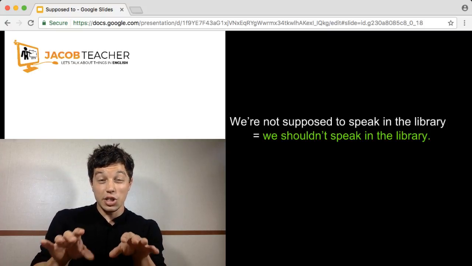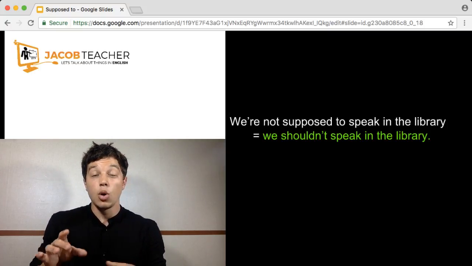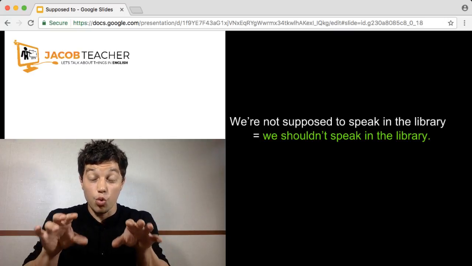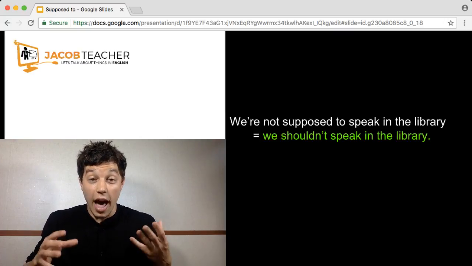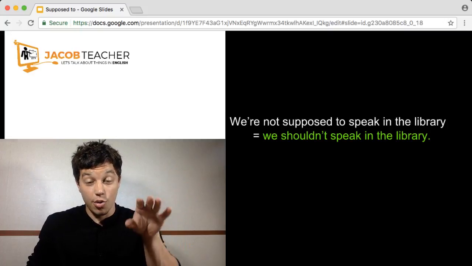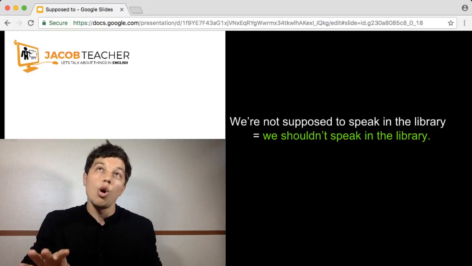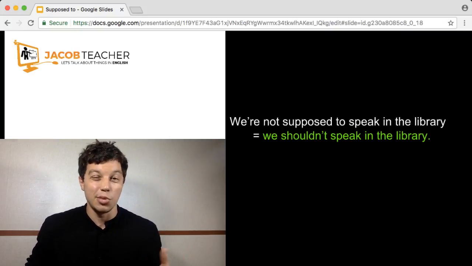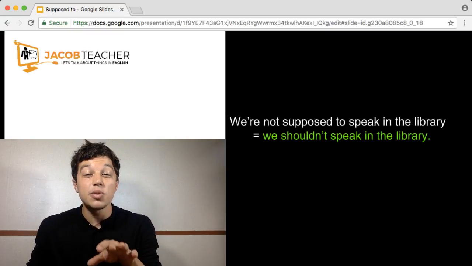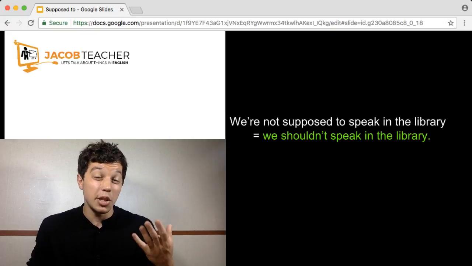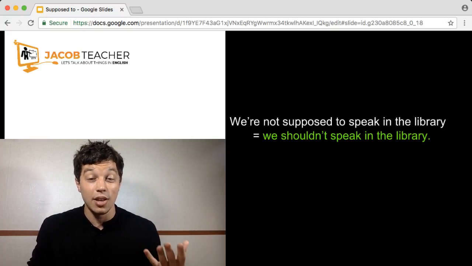Often when we're using supposed to in this way, we're talking about an actual rule. Sometimes you're actually not allowed to. It's a law or a rule. And other times it's more of a social custom, a social norm. So we're not supposed to speak in the library. It basically means we shouldn't speak in the library.